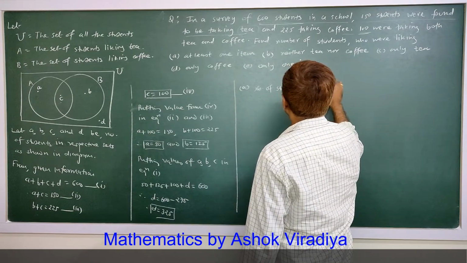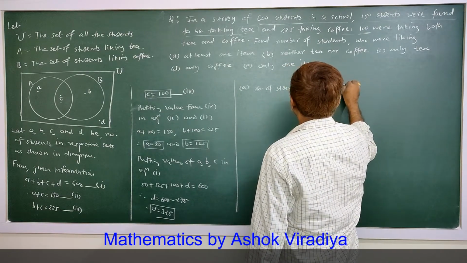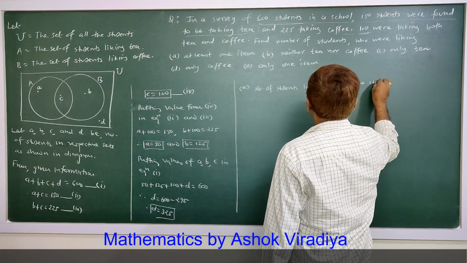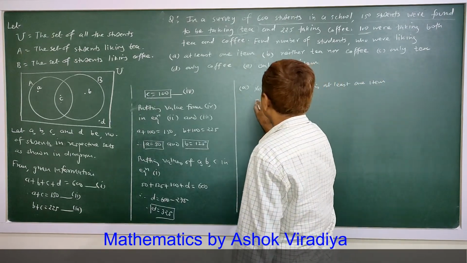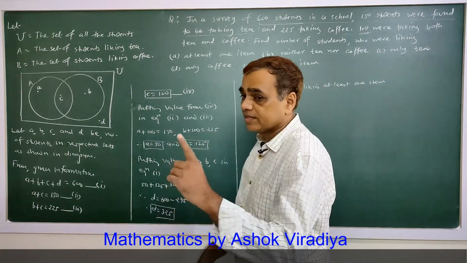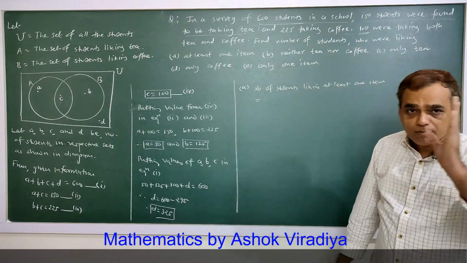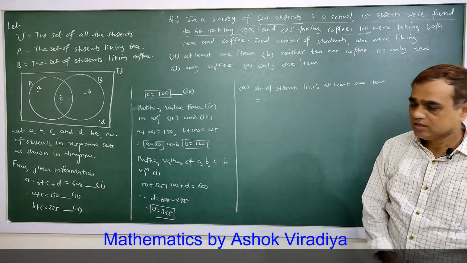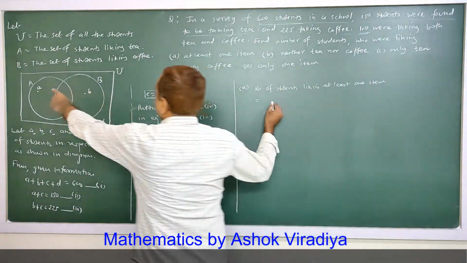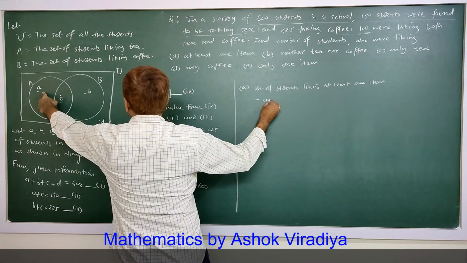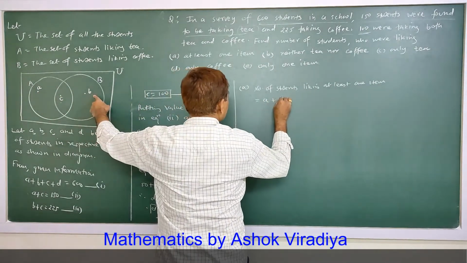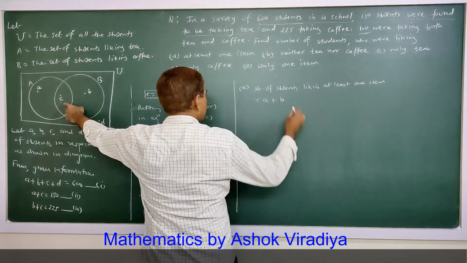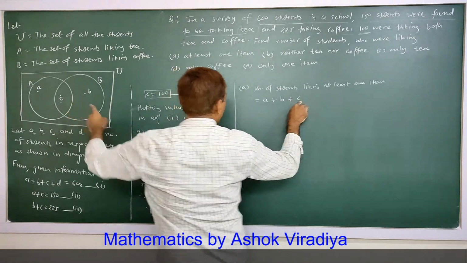At least one item means one or more than one. So A means only tea, plus B that is only coffee, plus C that is both items.